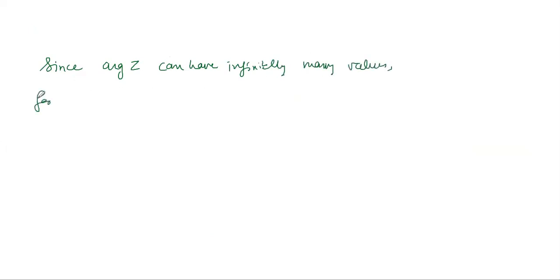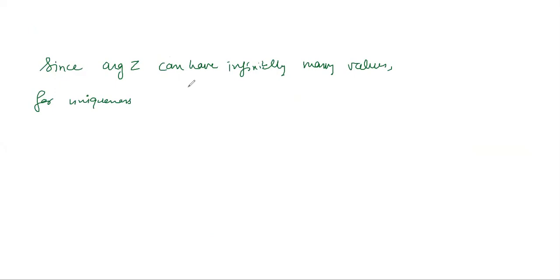So what essentially it means, since argument z can have infinitely many values, so for uniqueness, अब हमें एक uniqueness के लिए define करना पड़ेगा कि हमें कौन सा choose करना है, because इसकी तो infinitely many values हैं. So if somebody asks you what is the argument of this complex number, given a complex number, find its argument, means find its ये theta value.